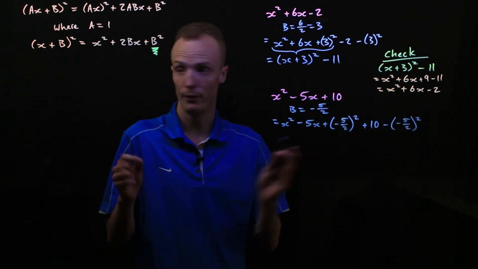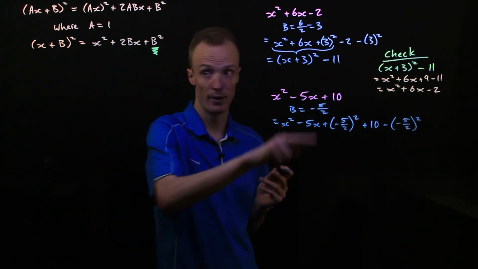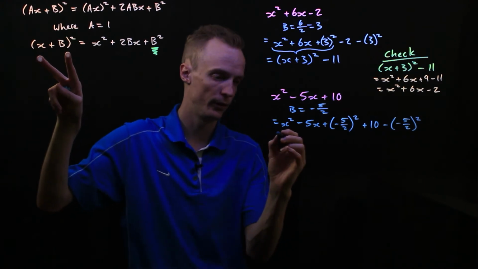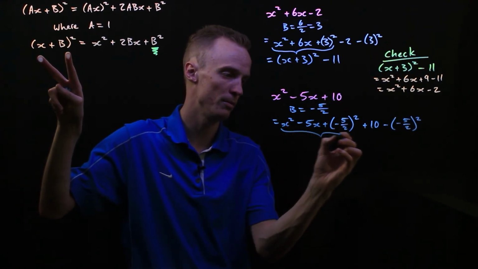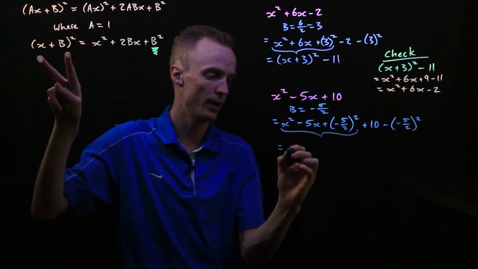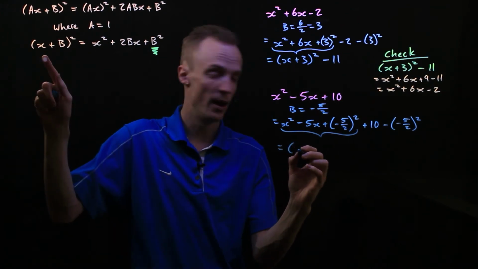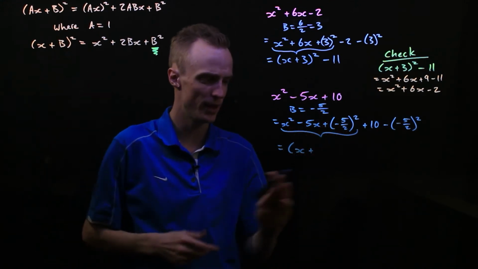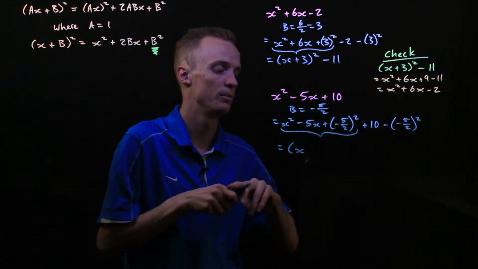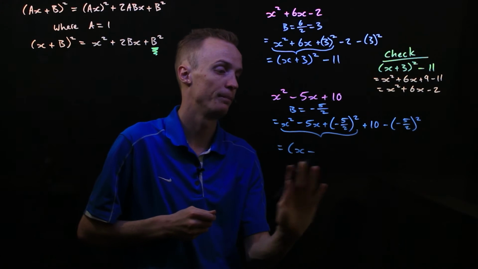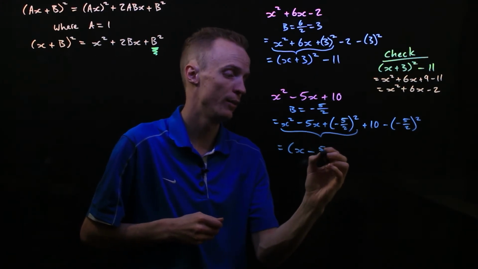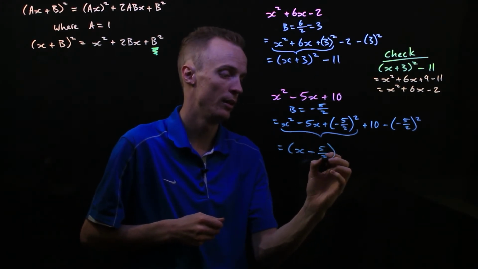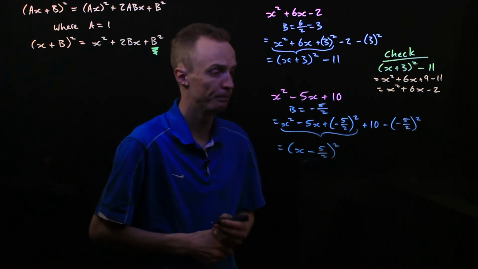So let's now factorize this. Because I know what my b value is, I can put it straight into my brackets. So this part of my problem here is going to factorize into x plus my b value. Now my b is negative, so I'm actually going to change that to subtract 5 over 2, and that's going to be all squared.